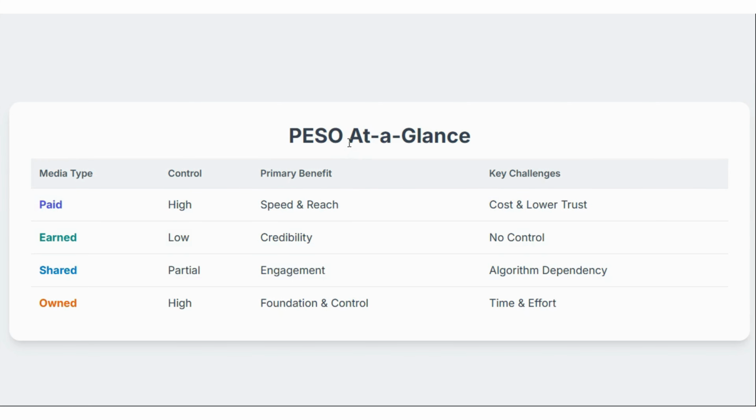Let's look at all of these efforts at once. The first one is paid, just by the name, not by the flow of content publishing. With paid, you have high control for sure. You tell the media what to publish. It will give you reach and is very fast. But the challenge is its cost.